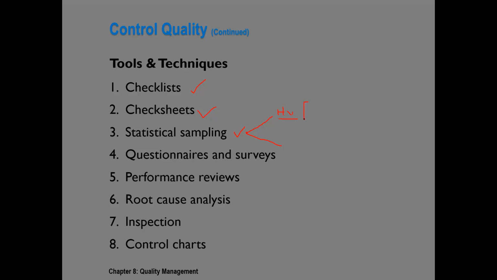If we are checking for quality assurance and the items that need to be checked are, for example, 10,000, we cannot check all 10,000, isn't it? So in that case, we do statistical sampling. We choose randomly, maybe only 200 out of 10,000. And if they are okay, we are okay. If 1% is wrong out of 200, we can say 1% would be wrong out of 10,000. So this is statistical sampling.